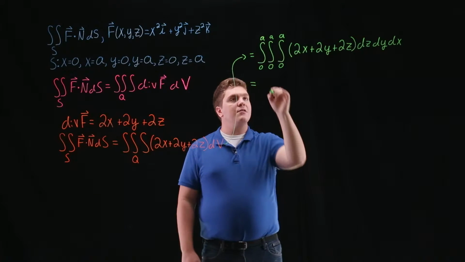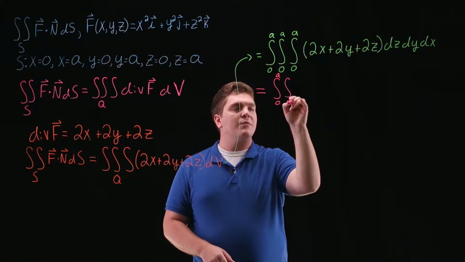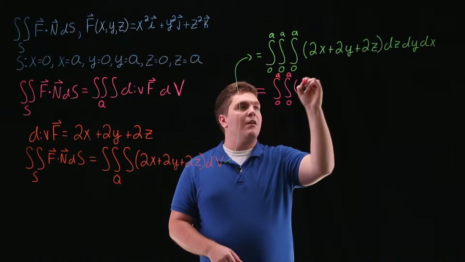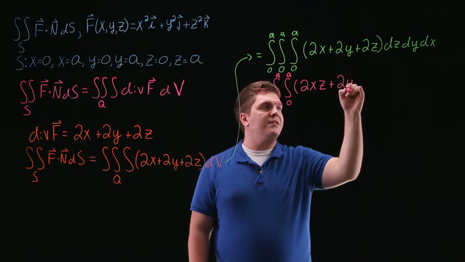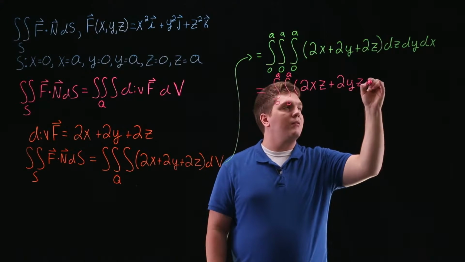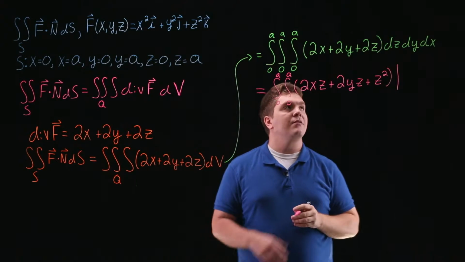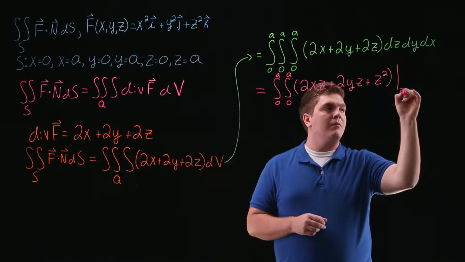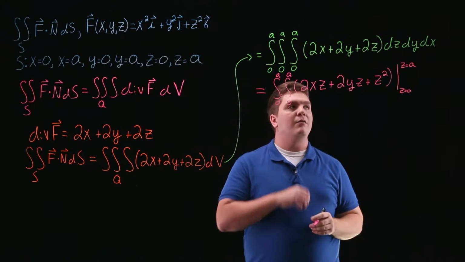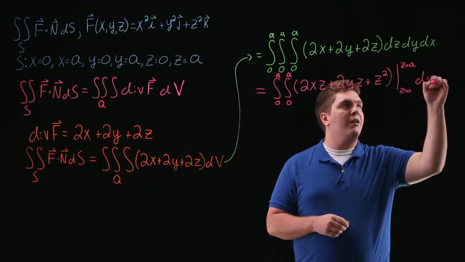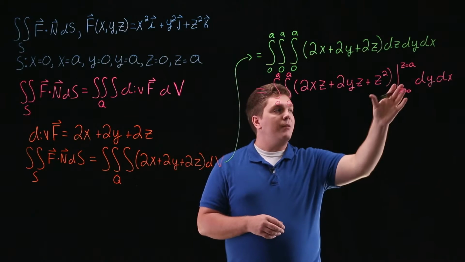Integrating with respect to z first, we'll have the integral from 0 to a of the integral from 0 to a of 2xz plus 2yz plus z squared, evaluated from z equals 0 to z equals a, and then we still need to integrate with respect to y and x.